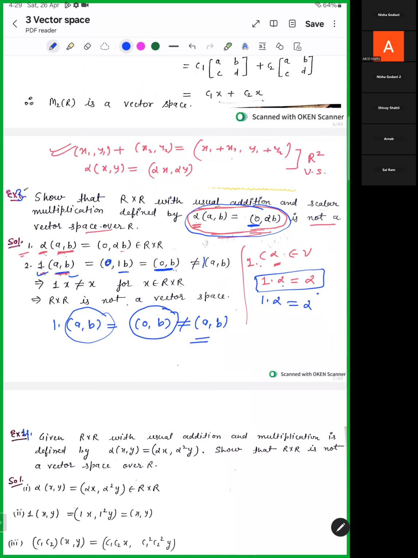This means it is not satisfying the second axiom. So it is not a vector space. Are you getting this? Okay, Arnab.